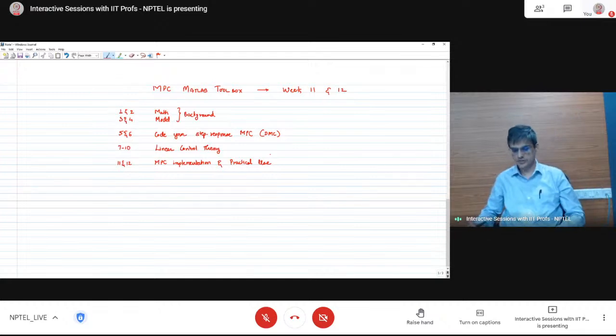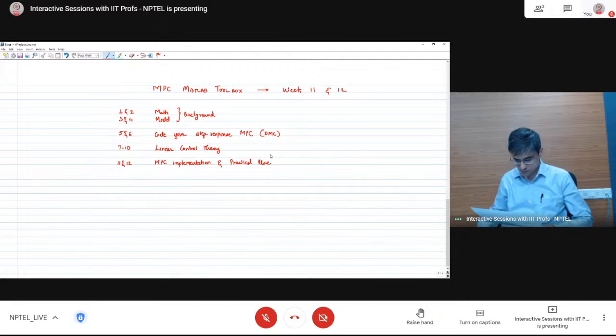Okay, so yes, we'll take this up when we come to this. Simplified MPC, in my personal opinion, is not even MPC. They've just used the term MPC as it was popular. The concept of MPC has always been quite specific.